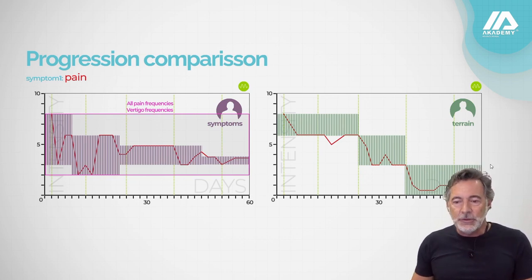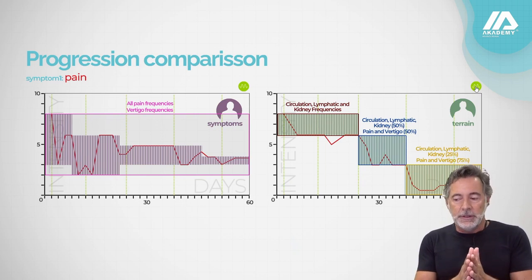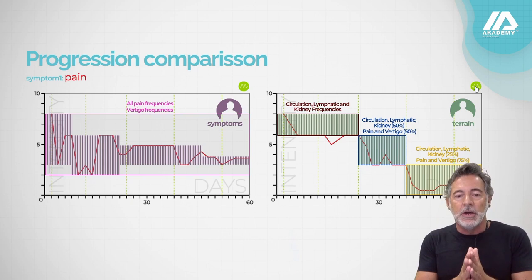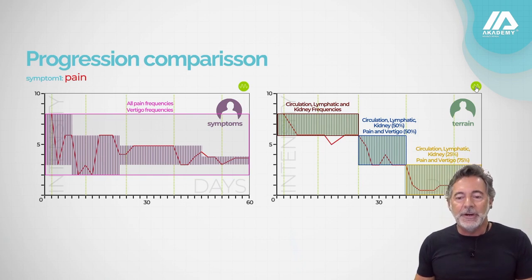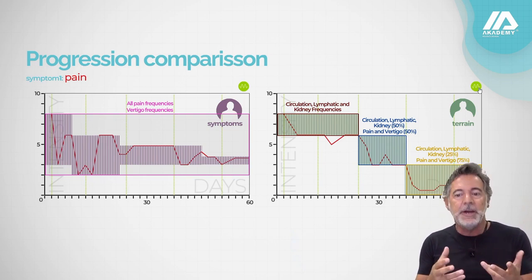And in these situations we did it differently. So we started the 2 treatments, almost one month, with circulation, lymphatic and kidney frequencies only, okay? And after we changed to 50-50%.